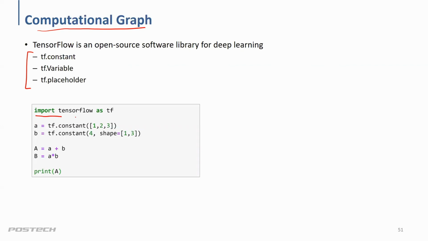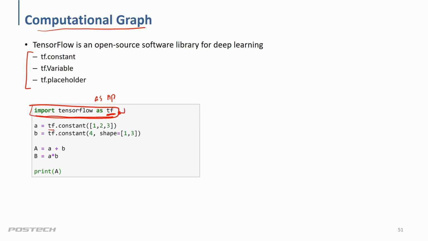Remember, in order to use NumPy, you import NumPy as np. It's a convention; you don't have to use tf, but many people do. So you import TensorFlow as tf, and then we can use it.